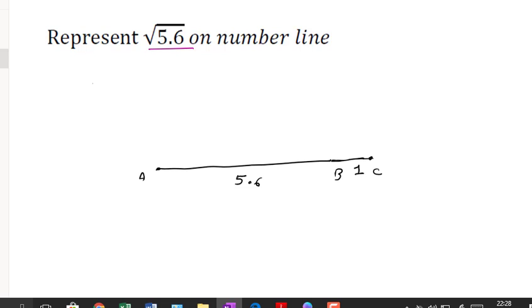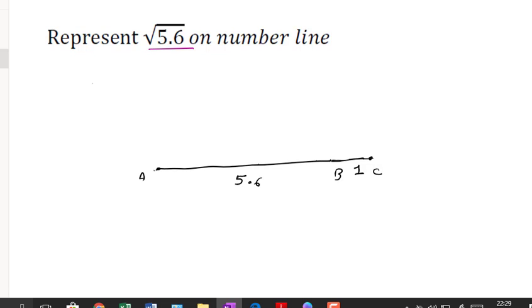Then I will draw the perpendicular bisector of this AC, because I want to find the midpoint of AC. You know how to draw a perpendicular bisector? You take A as center and take an arc of radius more than half of this AC, suppose from here to here.